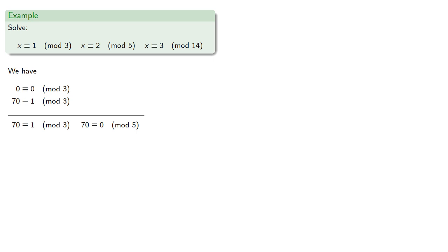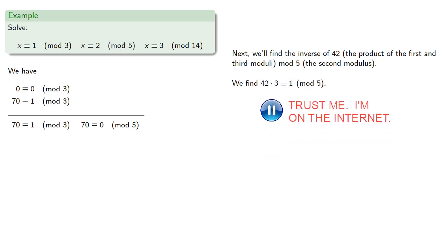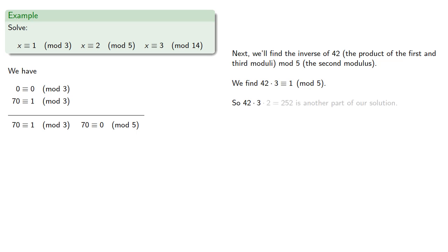Next, we'll find the inverse of 42, the product of the first and third moduli, mod 5, the second modulus. And we find that inverse is 3. So that product, 42, times the inverse, 3, times a congruent, 2, 252, is another part of the solution.